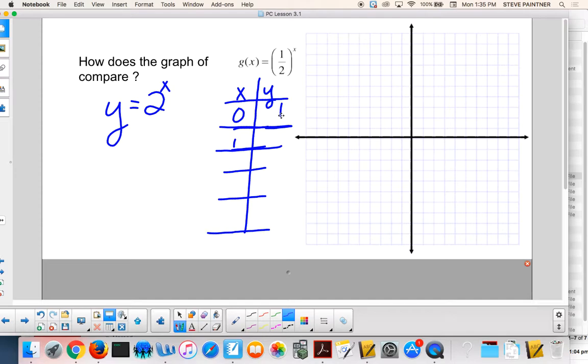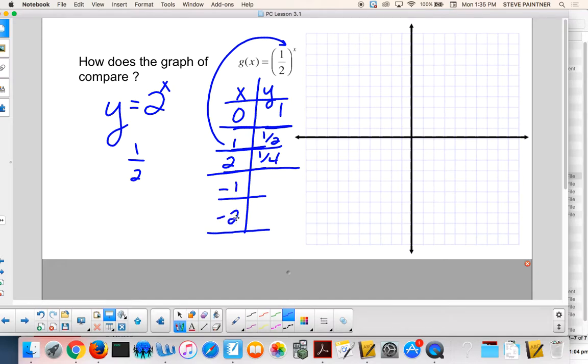What's the answer for this one, Jeff? 2. 1 goes in, oh no, 1 half to the first, 1 half. 2 goes in, Lauren, what's the answer? Put 2 in, it's 1/4, there you go. Let's quit with the positives. Let's go negative.